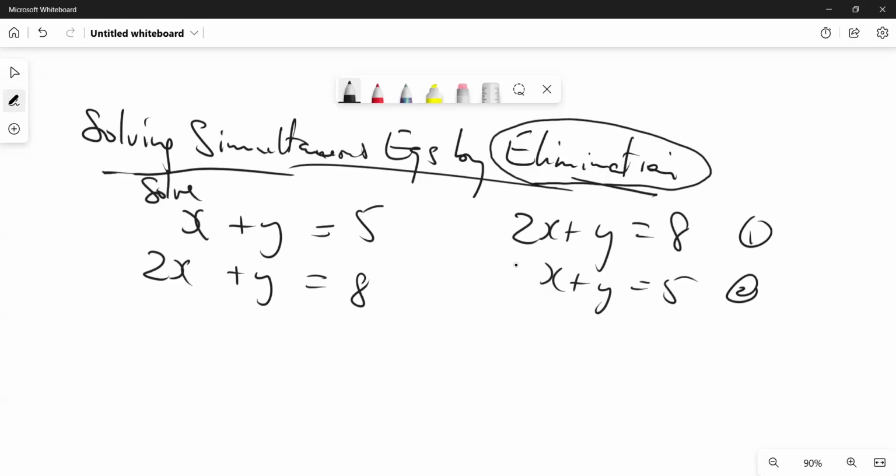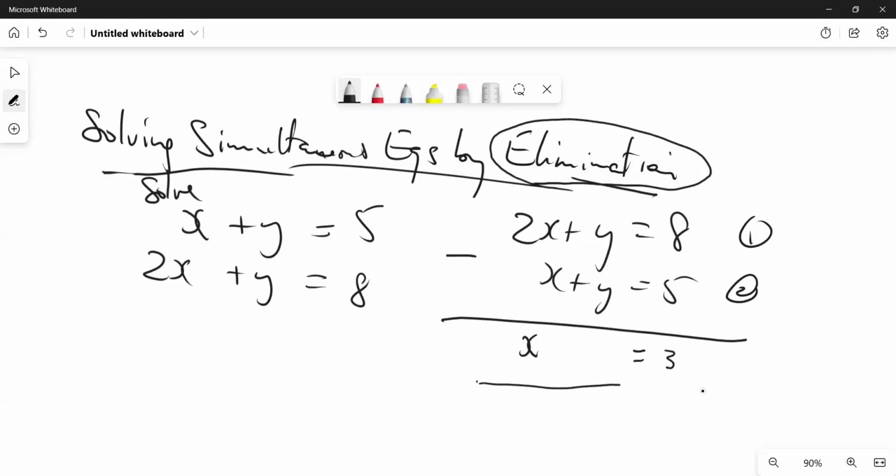You might want to eliminate x, and say, I'm going to eliminate x. However, the two equations could be such that x is not the best one to eliminate. For example here, if I subtract these two equations, 2x minus x gives you x, y minus y gives you 0, and 8 minus 5 equals 3.